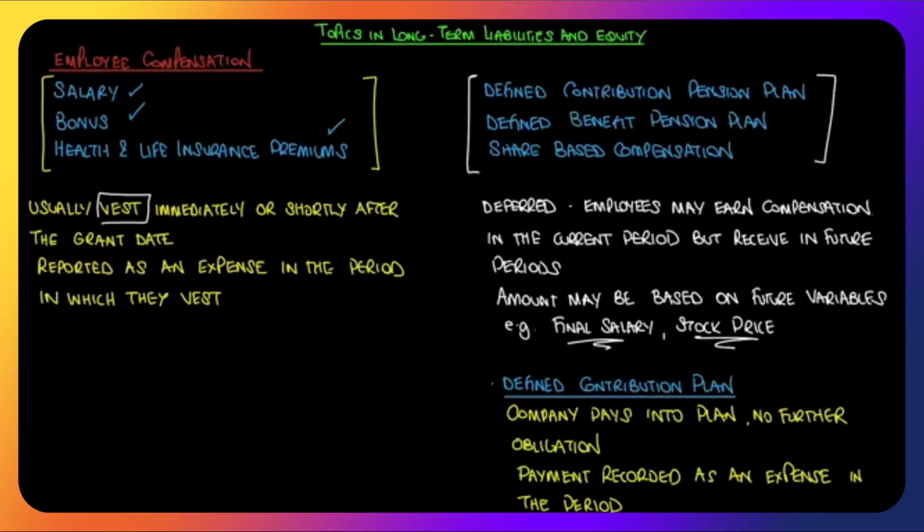To be fair, defined contribution plans do not give us any accounting headaches at all. In a defined contribution plan, the company pays into the plan and has no further obligation. That's it. So they might match your contributions into a plan. It gets invested, maybe well, maybe badly.